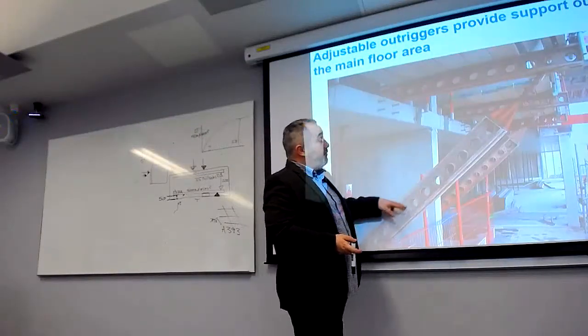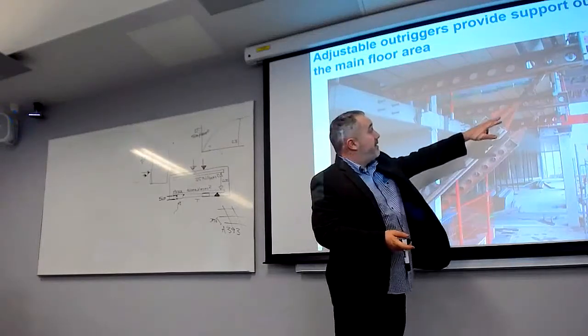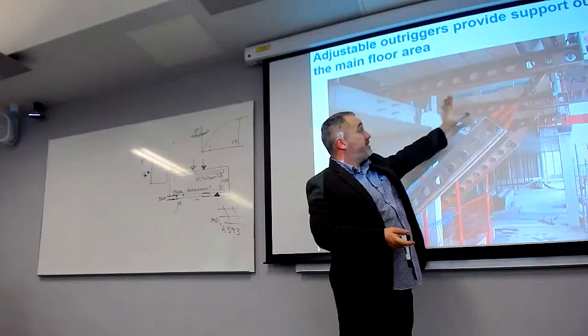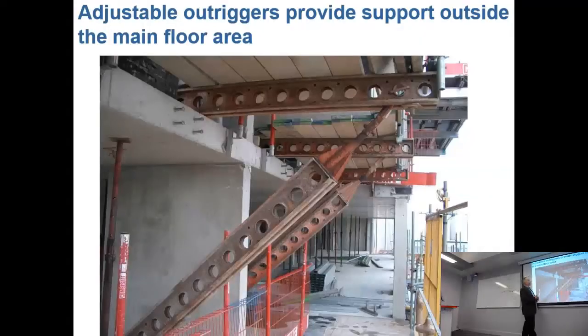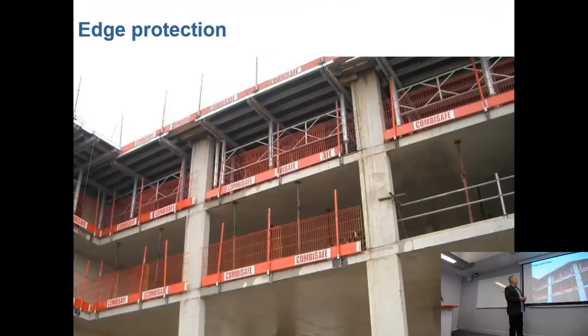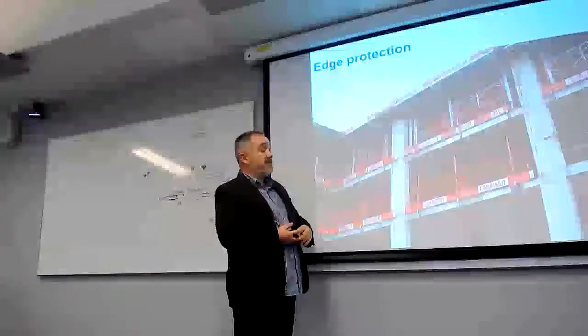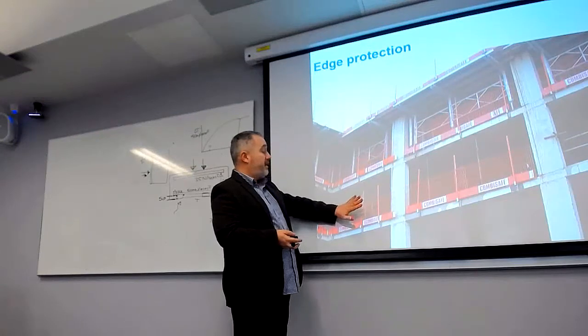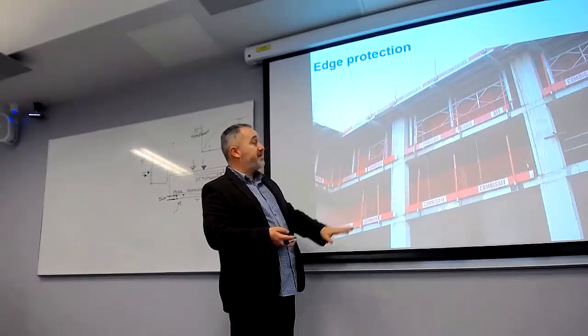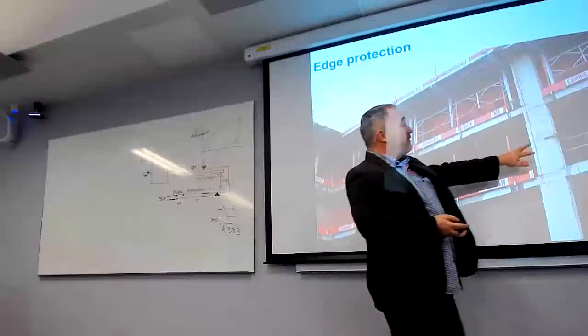These outriggers are just creating a place for the people to work on when they're casting the concrete. You've got to make sure you keep everybody safe. And you can buy bespoke fences and nets, and if you're buying the bespoke ones, it's a lot more expensive than, say, putting up scaffolding.